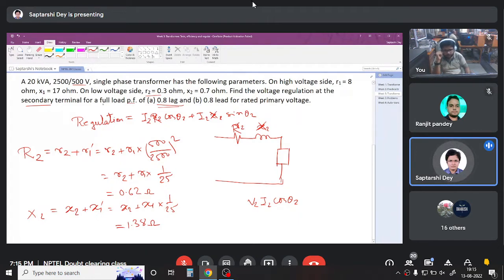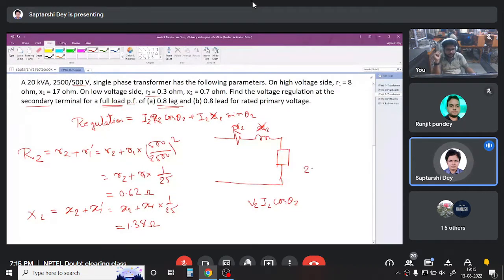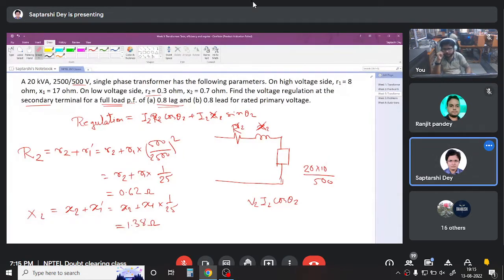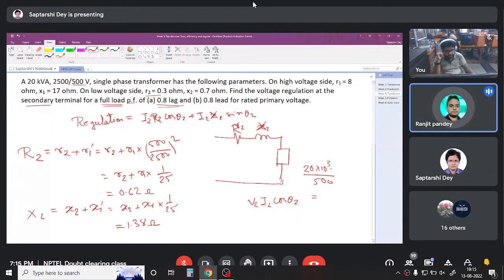See, it's full load. Full load means the rated current is flowing. So what is the rated current? Rated current is the rated kVA, 20 kVA, divided by the rated voltage. Is I2 by I1 equal to V2 by V1 correct?